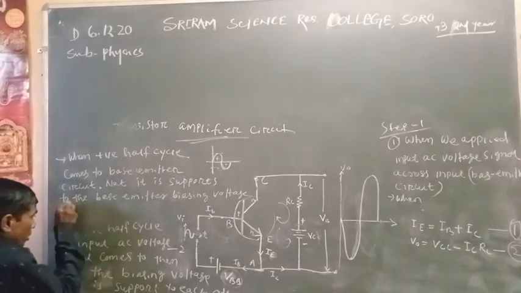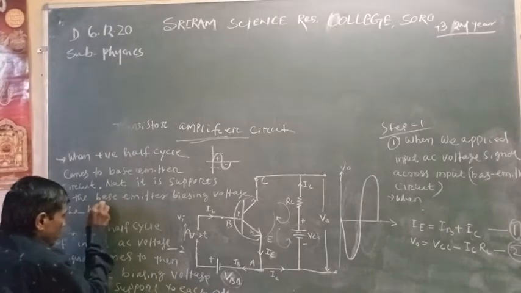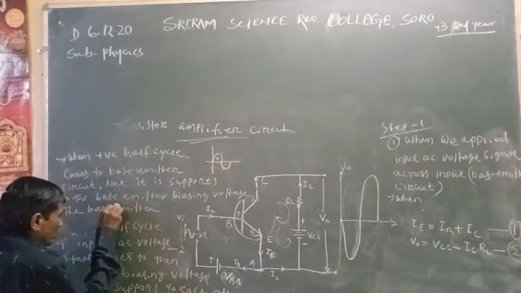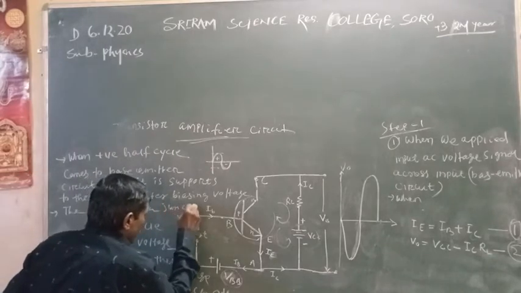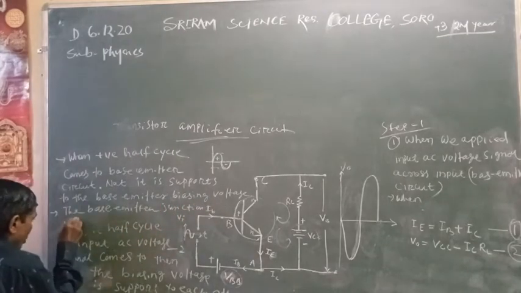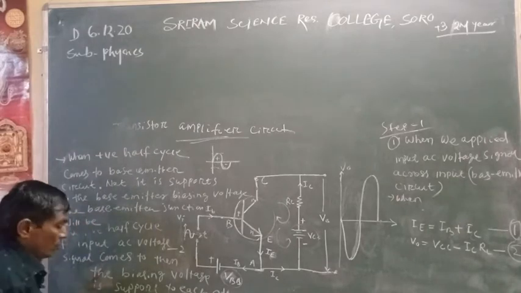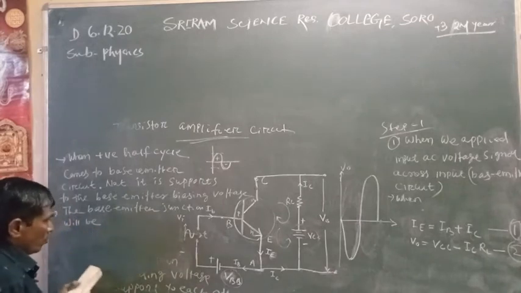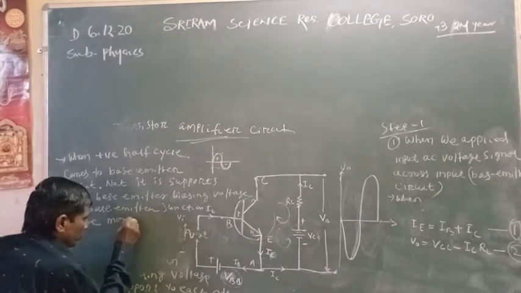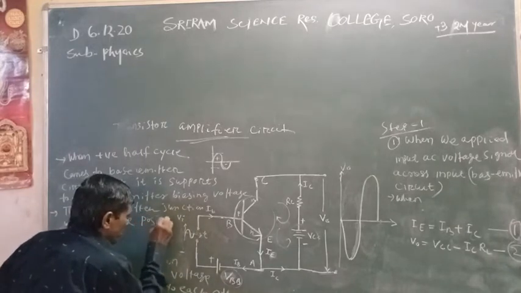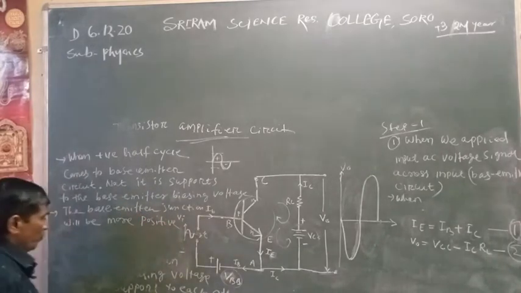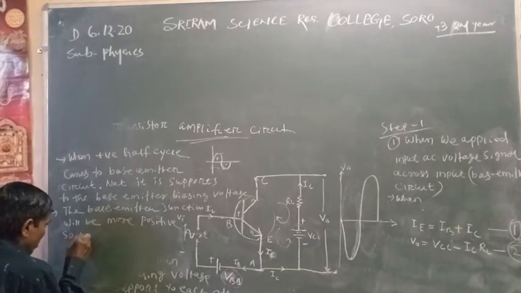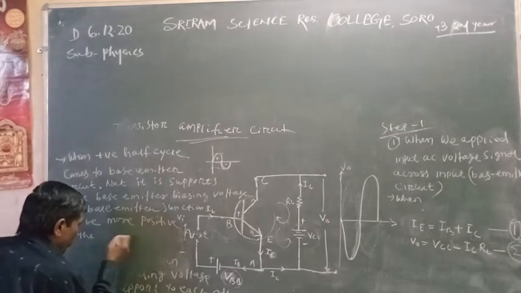Now here the base emitter junction will be more positive, so the emitter current will be more.